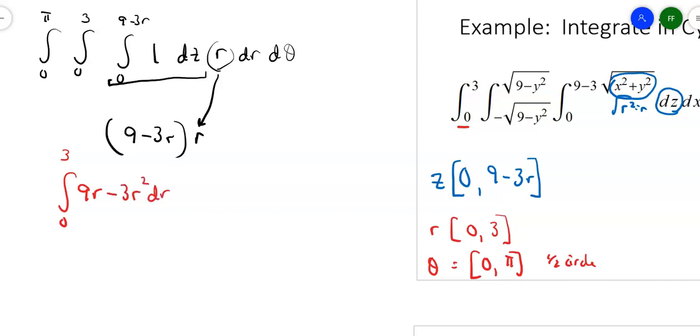This time integrated with respect to r. So I'll get 9r squared over 2 minus, if I do 3r to the third over 3, you notice the 3's cancel, so it'll just be minus r cubed. Evaluate at 3, evaluate at 0.